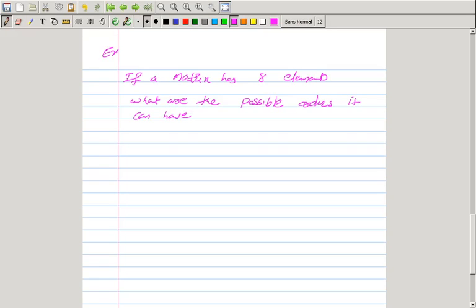This is our example number 2. So we know that the order of a matrix is m cross n, and the number of elements in that particular matrix is mn, right?